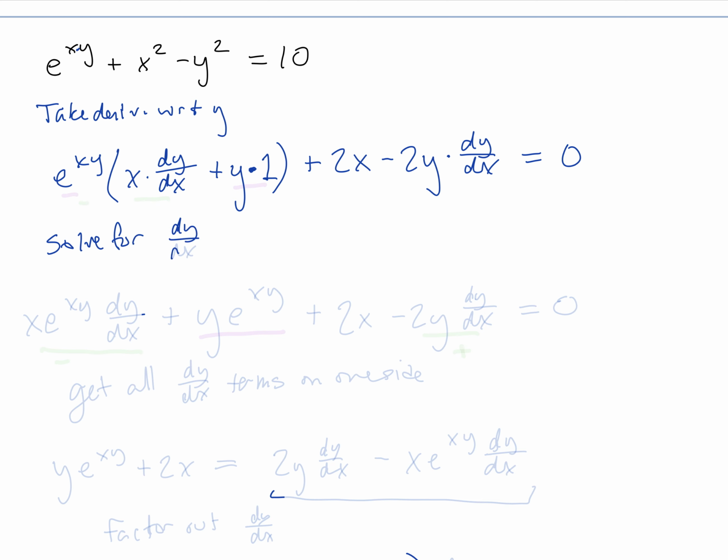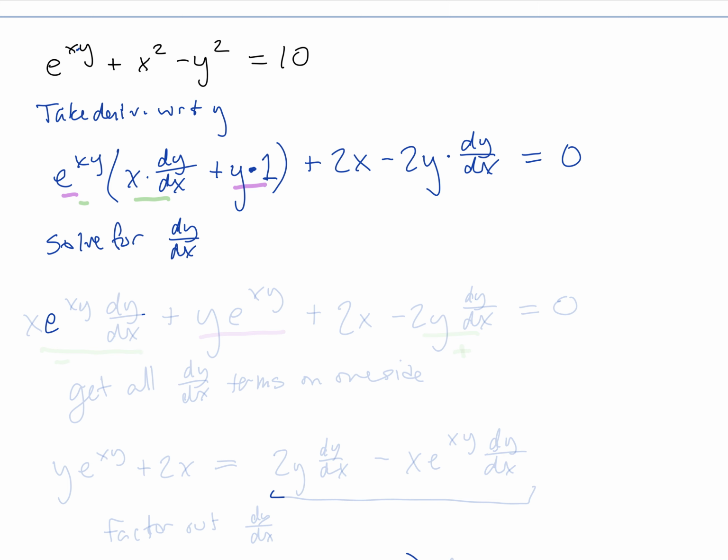Okay, so we've taken the derivative with respect to x, and now we need to solve for dy/dx. So we need to get all the dy/dx terms on one side of the equation. Notice that right now, this term, this times this, is not a dy/dx term. There's no dy/dx in that term, whereas this term, when these two are multiplied together, does have a dy/dx. So we do need to multiply out that e to the xy times that other stuff.